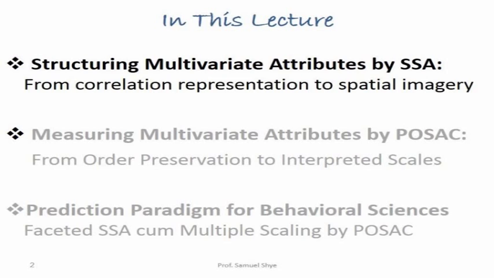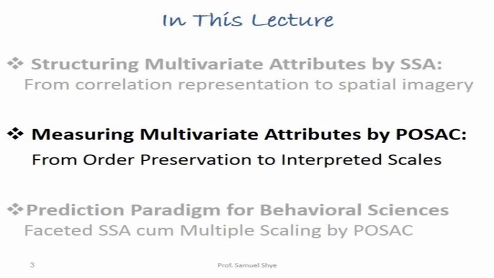In this lecture, I will review how facet theory helps us discover the structure of concepts, specifically the structure of multivariate attributes using smallest space analysis, SSA. Next, I will show how facet theory proposes to measure multivariate attributes using multiple scaling by partial order scalegram analysis, known as POSAC.